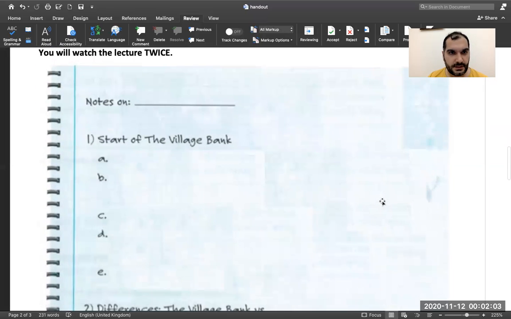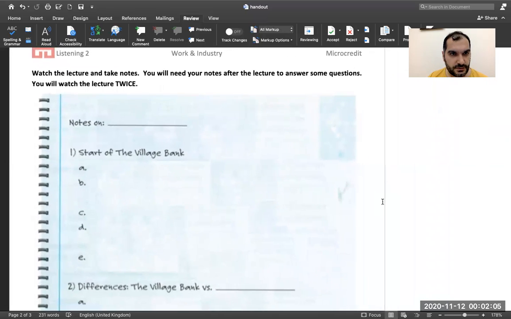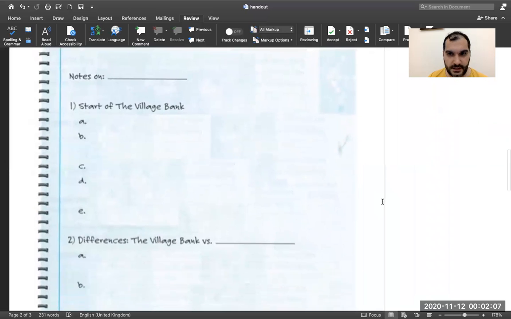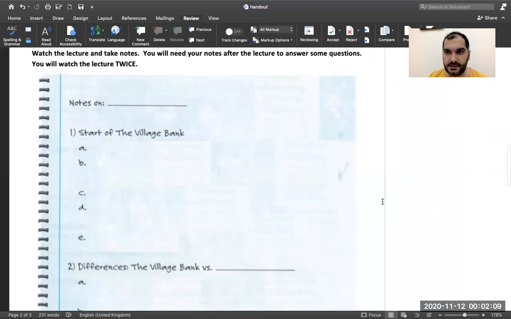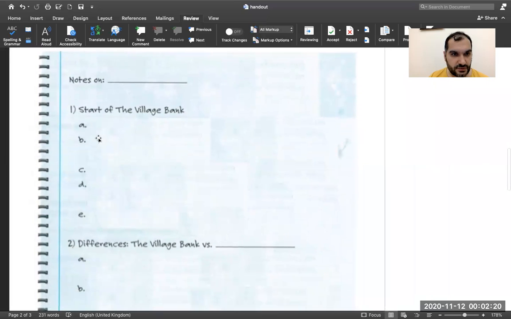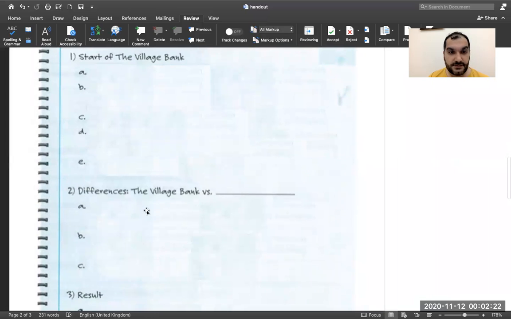Now I will let you watch the lecture, and while watching, please take notes about the topic and the start of the village bank, the stages of the start of the village bank. You need to write 5 stages and differences.